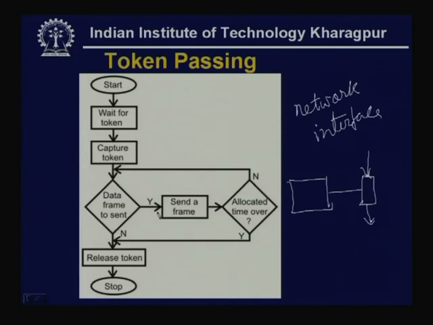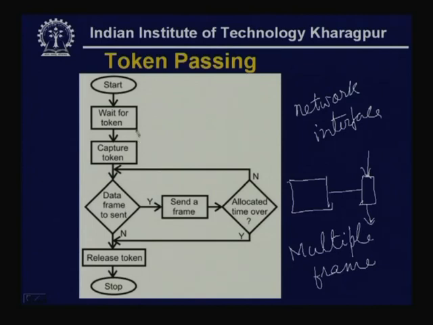If the answer is yes, it sends the frame, and it is possible to send multiple frames, not one. If the time allocated is long, multiple frames can be sent before releasing the token. So, it keeps on sending data until the time is over, and after the time is over, it releases the token and it stops. This is what goes on in a particular station.